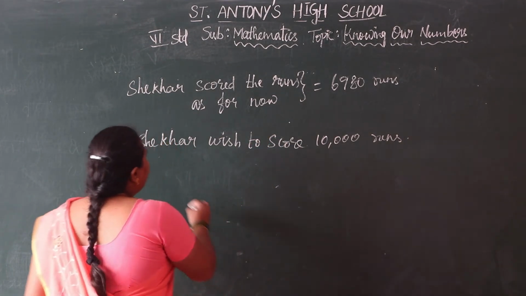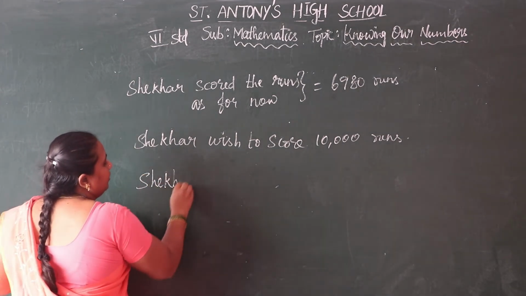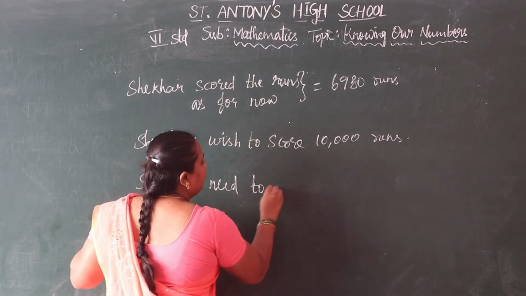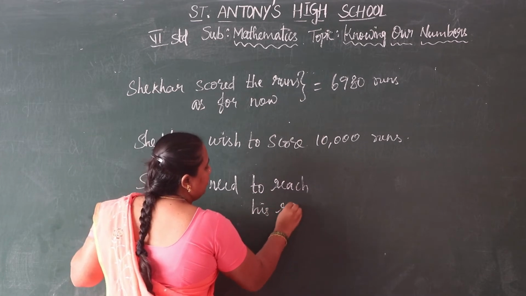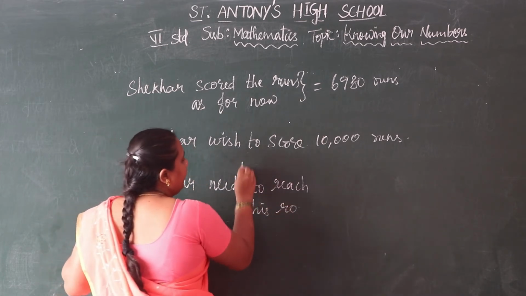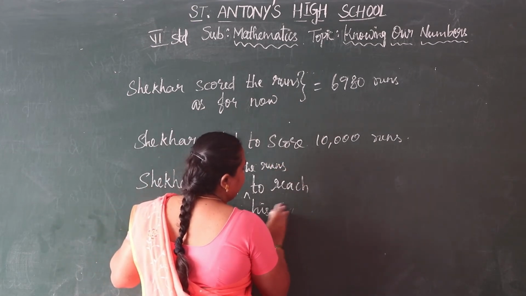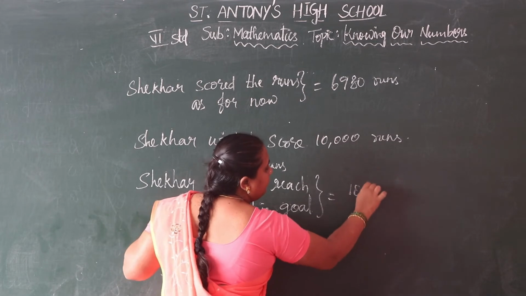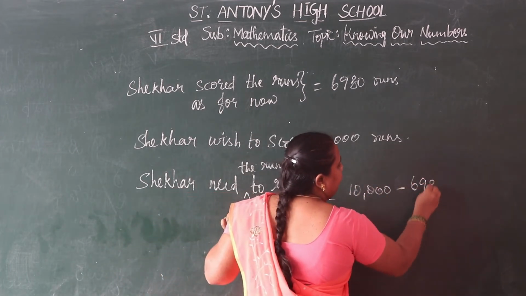So the runs Shekhar needs to reach his goal equals 10,000 minus 6,980.